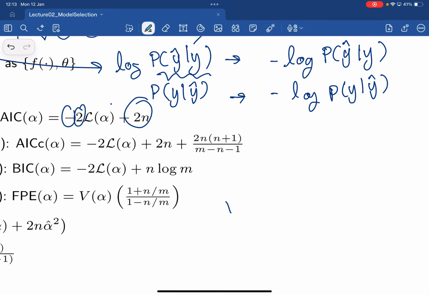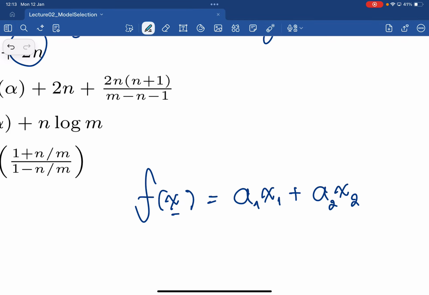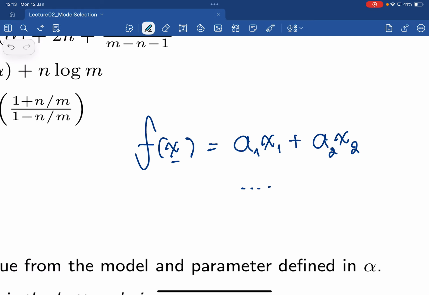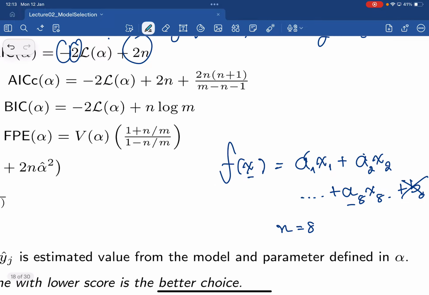For example, if your f(x) is defined by a1 x1 plus a2 x2 and so on, I think in the example there were 8 of them. So it was a linear combination of 8 terms, let's say no constant, no bias term. So there are going to be 1, 2, up until 8. So n will be equal to 8. That is the number of parameters here.